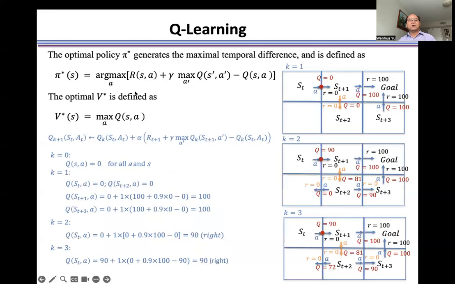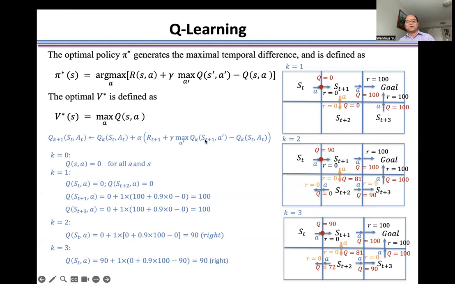Once we have the Q distribution, we can calculate the optimal policy pi, because we only need to find the action A that makes this temporal difference maximum. And from the Q value, by finding the action A that makes this Q maximum, we find the optimal state value function V. Let's see an example using this system.